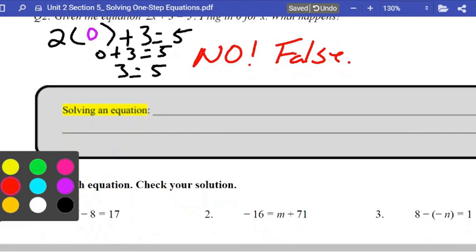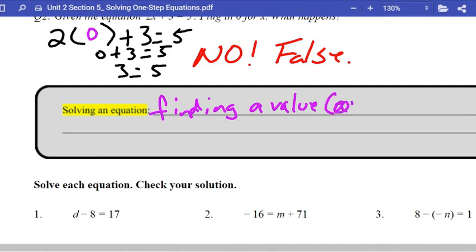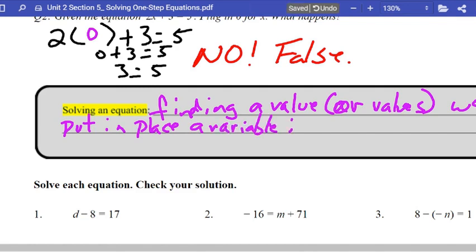So let's think about a definition that goes with that. So I think what we could say is that solving an equation is finding a value or values, sometimes there'll be more than one, that we can plug in, put in place of a variable in an equation that makes the equation true.